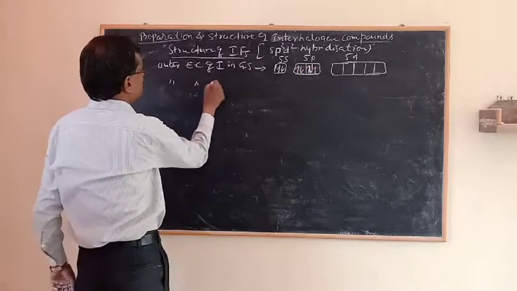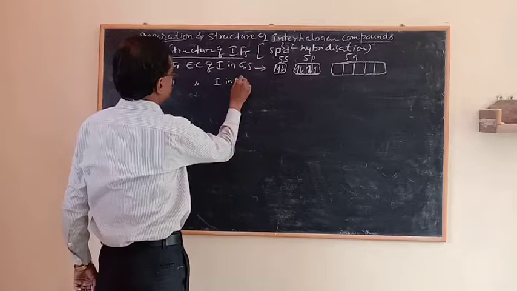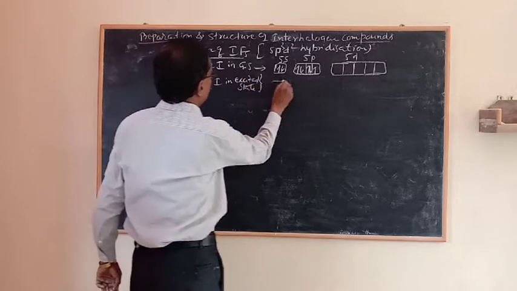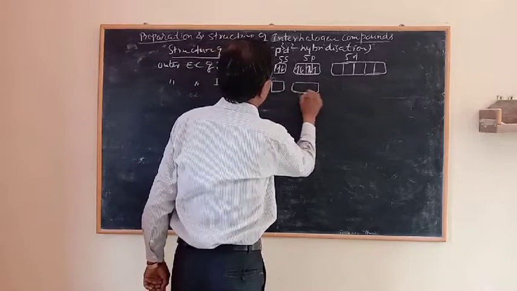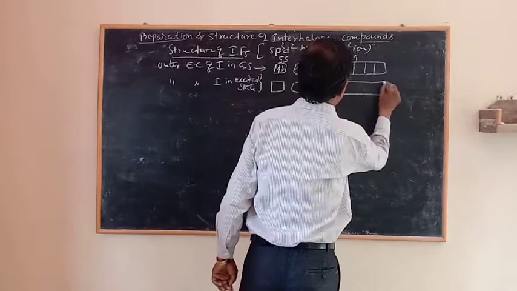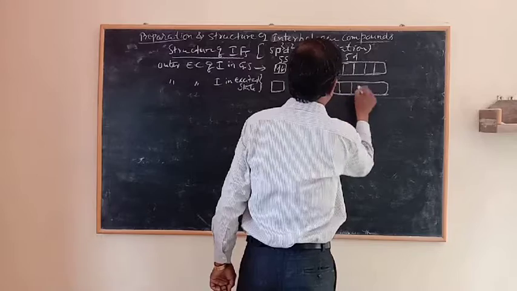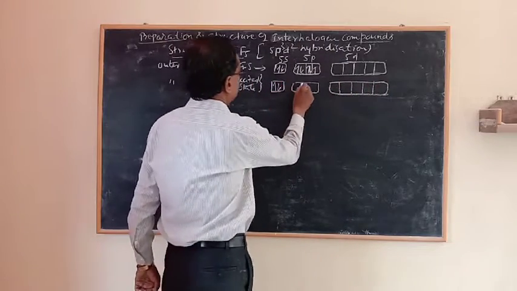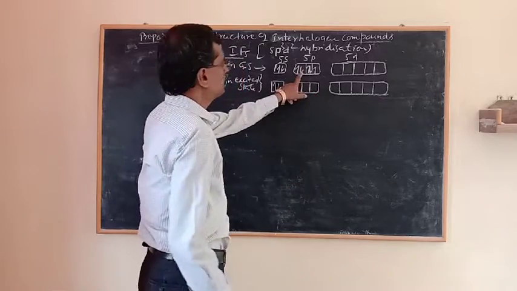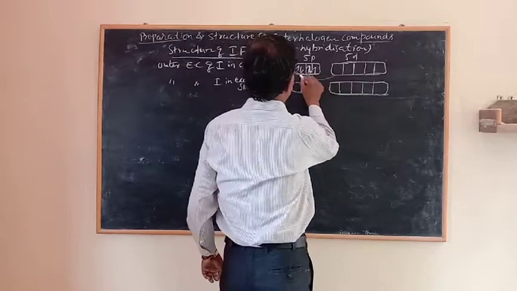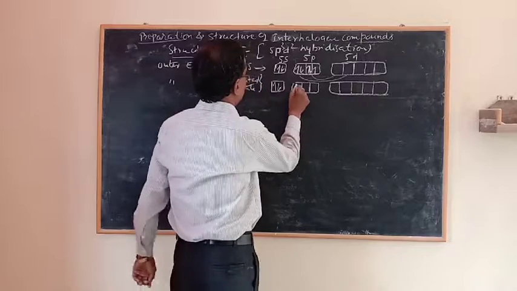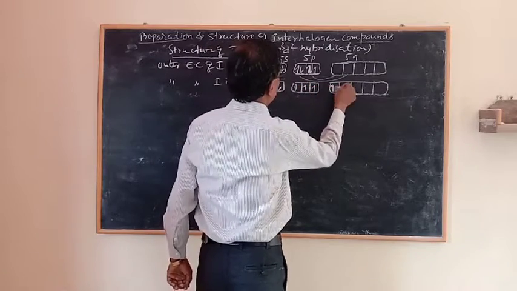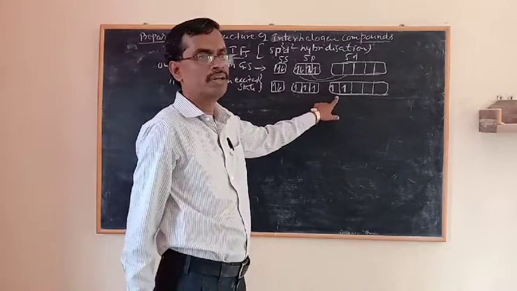And the outer electron configuration of iodine in the excited state. Here one of the electrons shifted to this, another electron shifted to this. So there are 5 valence electrons.